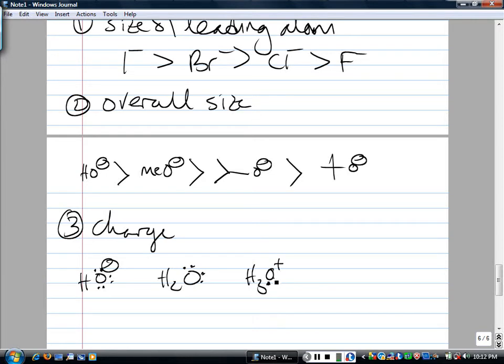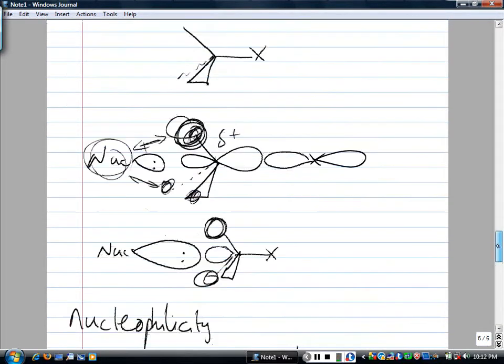And then finally, H3O+, although it has a lone pair and is potentially nucleophilic, would be a poor nucleophile because there isn't a huge amount of electron pressure, right? Because there's only one lone pair. And secondly, the O is positive. So in general, the more negatively charged the atom is, the more nucleophilic it tends to be. The more electronic compression there is, the more electron pairs there are in a small area, the more nucleophilic the species tends to be. So those are the factors that affect what we call nucleophilicity.